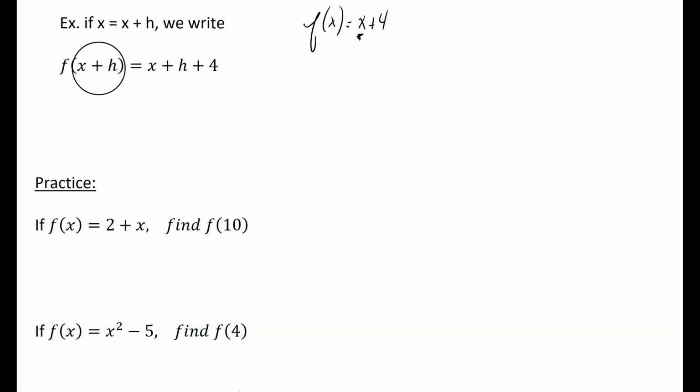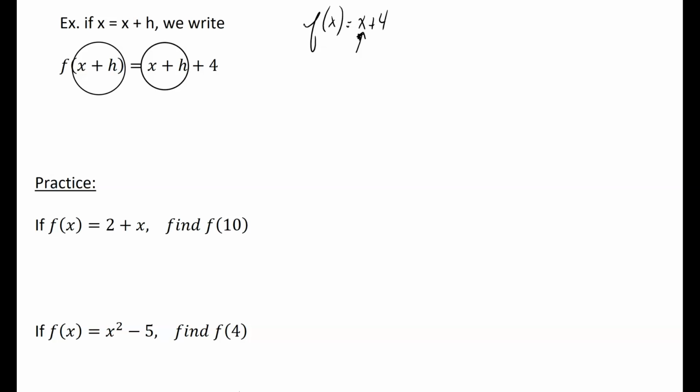So notice that this becomes x plus h plus 4, okay? x plus h goes into there, plus 4. We don't need brackets. It's all being added together. So that's how that would look.